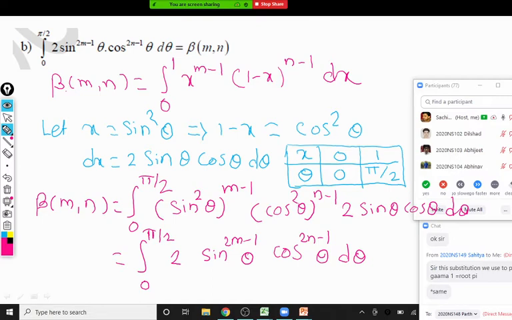Later on we are going to use this result to prove that gamma half is root pi. So that is the end of the proof here. We got a trigonometric form of a beta function. The important thing is the correct substitution, and that is x equal to sine square theta.